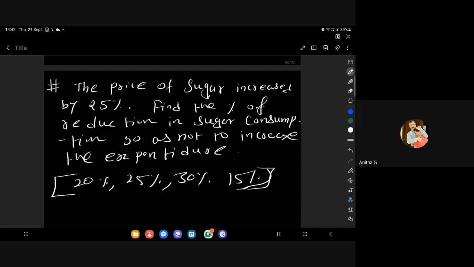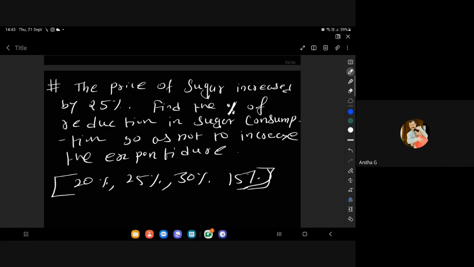Now the question is, you have decided that whether the price increases or decreases, I will keep my expenditure the same. Means I am spending 100 rupees on sugar, so I will keep my 100 rupees fixed for sugar consumption, doesn't matter how much the sugar price goes up.